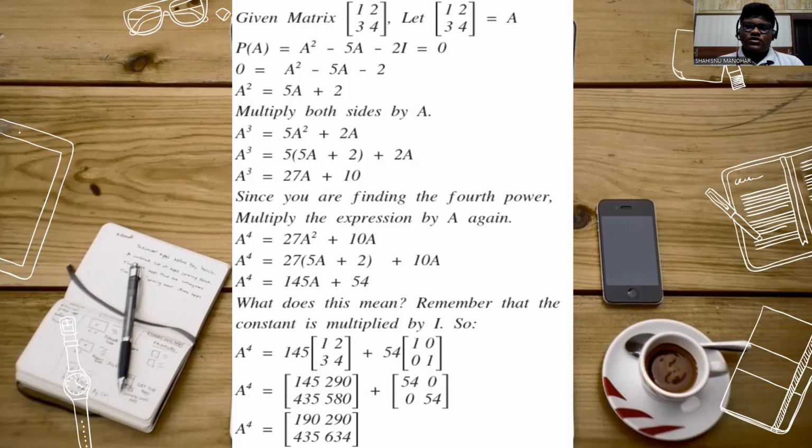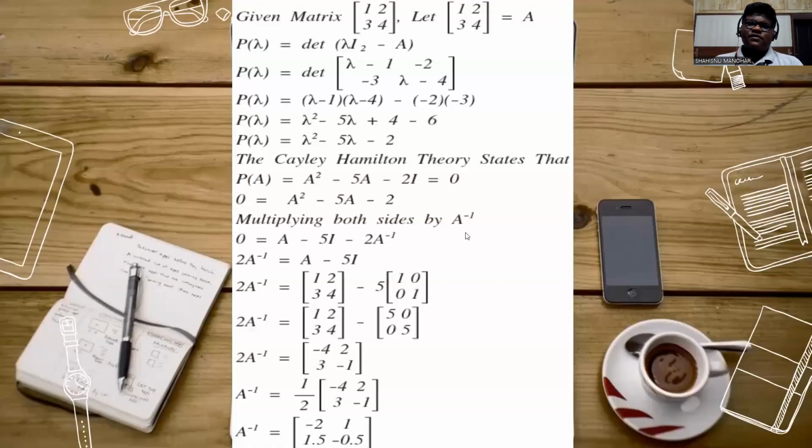We get A to the power 4 is equal to 145 of [1, 2; 3, 4] plus 54 of the identity matrix [1, 0; 0, 1]. Now, multiply inside and add, we get the final output as A to the power 4 is equal to [199, 290; 435, 634]. This is how we do it. Let's go to the next example.